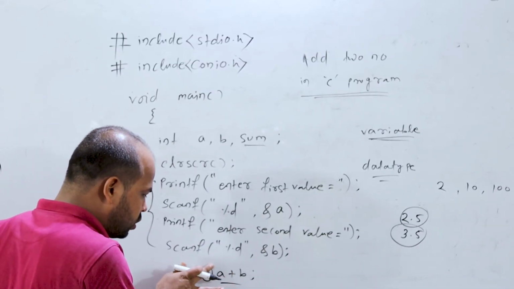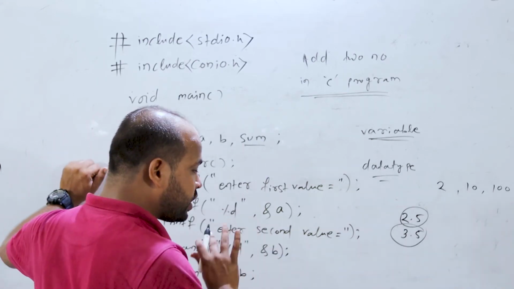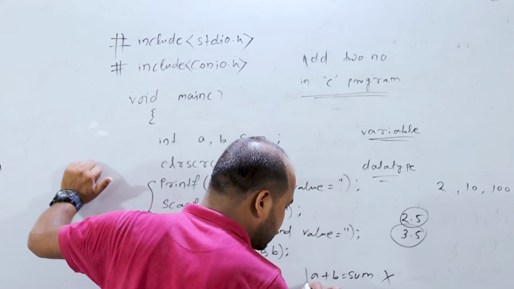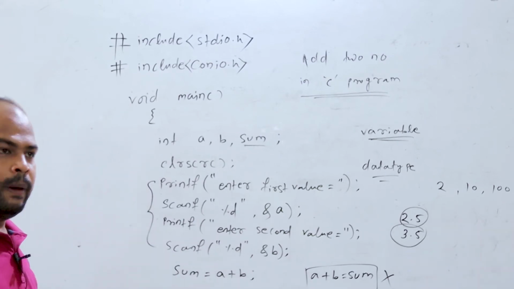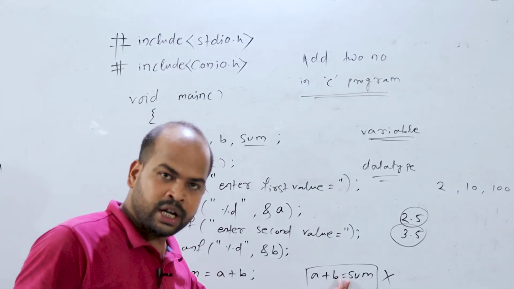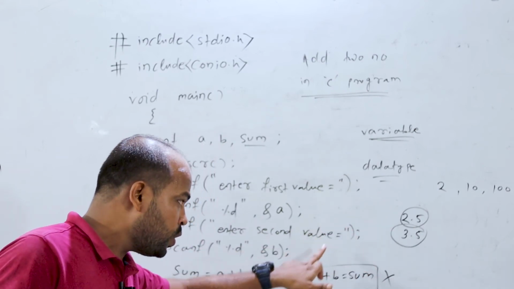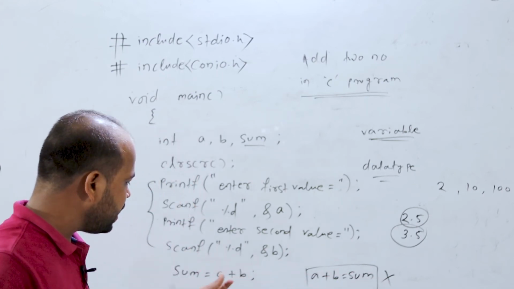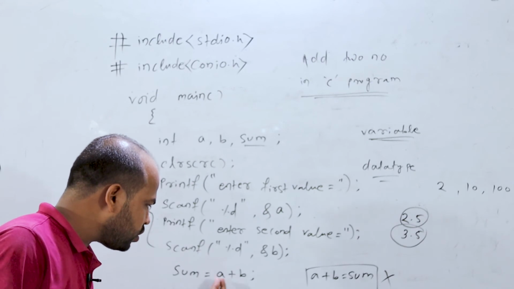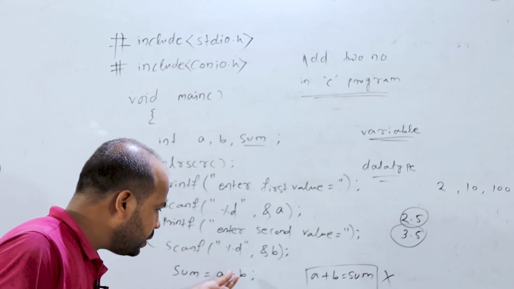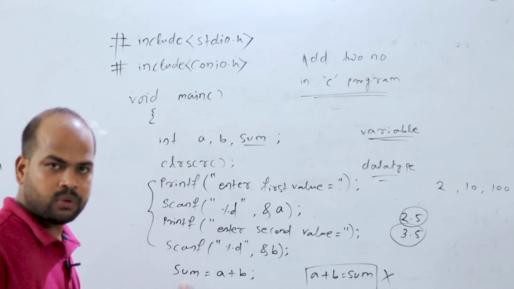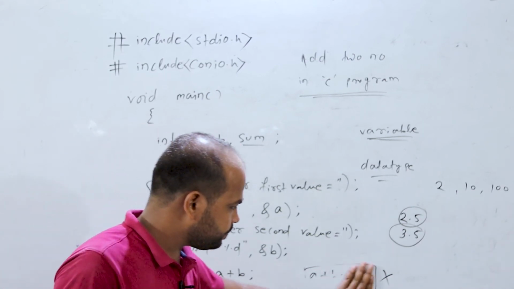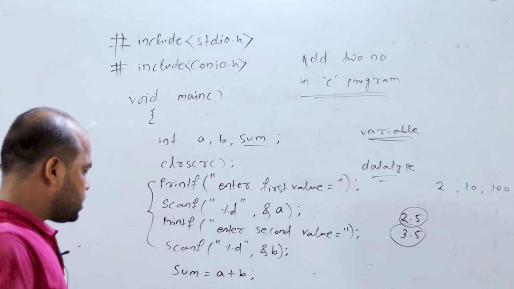One more thing is that you can't write it the other way around. Why? Because the equal operator assigns the value from the right side to the left side. So you can't write like that, but you can write like this, because after the addition of the first value and the second value, the value will be assigned to some variable.